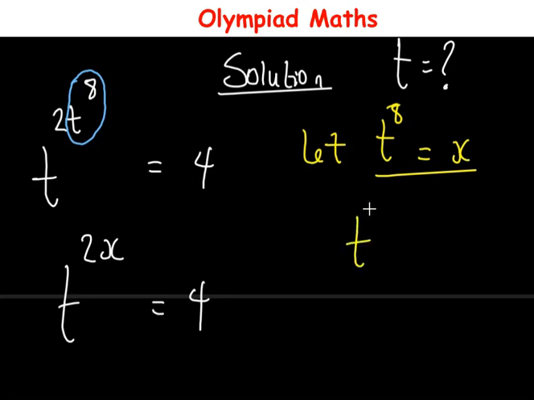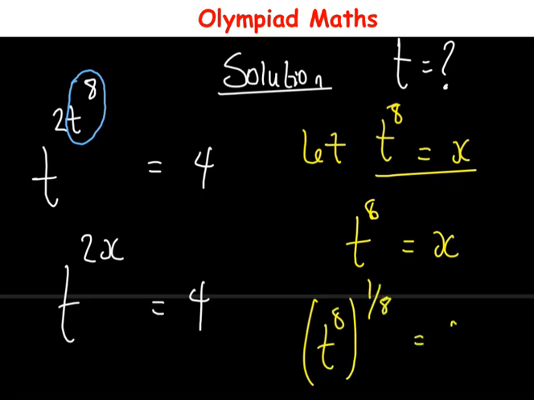So we have t raised to power 8 is equal to x. To then solve for the value of t, we need to eliminate power 8 from here. And to do so, simply multiply this equation with power 1 over 8. So this then becomes, in bracket, t raised to power 8 multiplied by power 1 over 8 is equal to x raised to power 1 over 8.